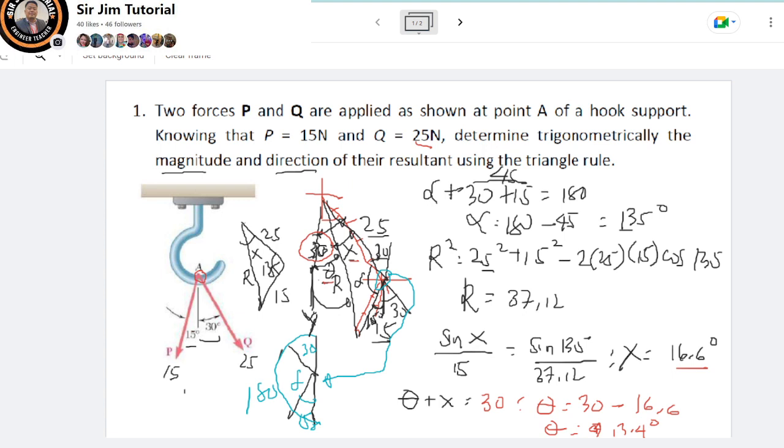But if it is coming from the horizontal, anyway, there's no statement here if it's vertical or horizontal. 13.4 degrees.